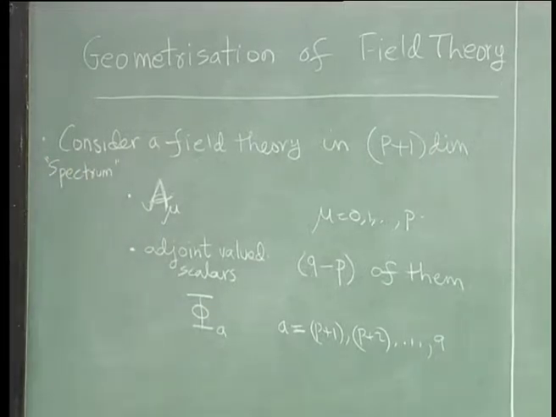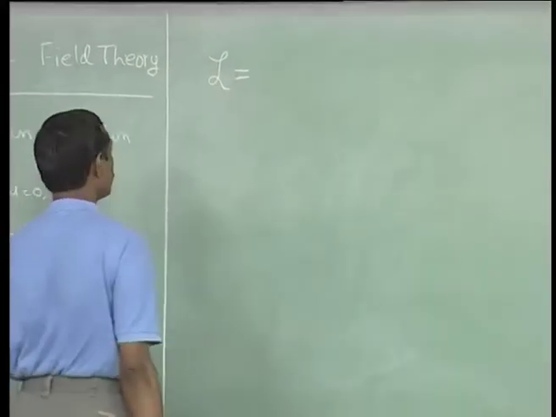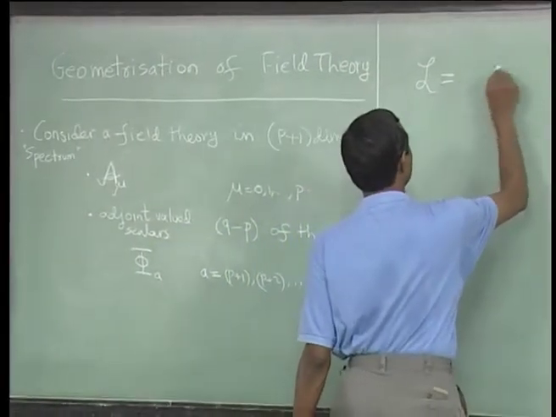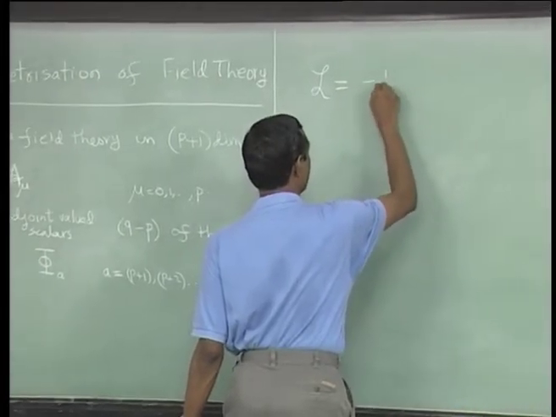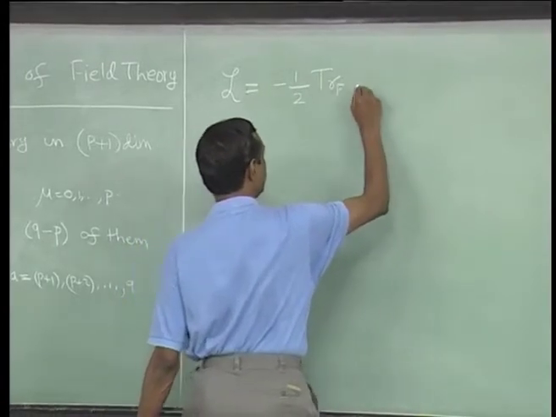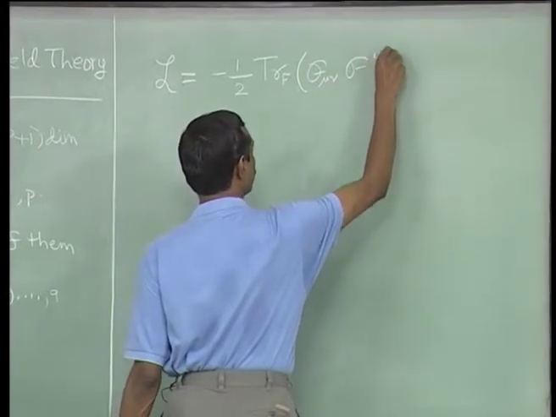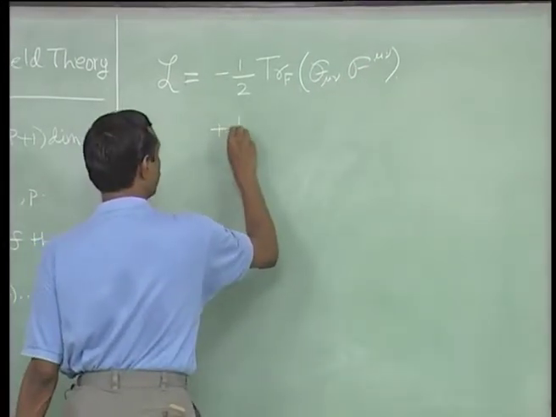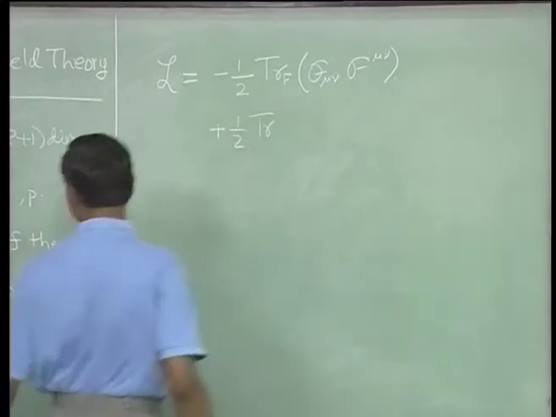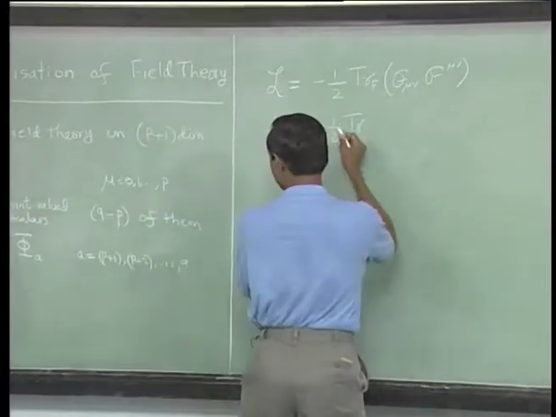Okay. And we need to give an action or a Lagrangian for this. So the Lagrangian for this gauge field, we will write the simplest one we can think of, the two derivative one. So it would be minus half trace in the fundamental of F mu nu squared, and then the trace is in the adjoint for the scalars, obviously, because these are adjoint valued things.